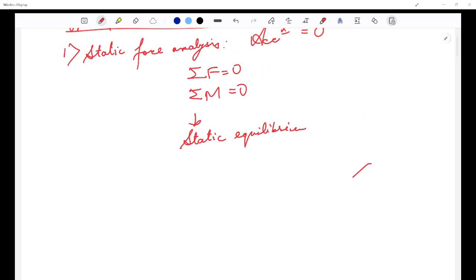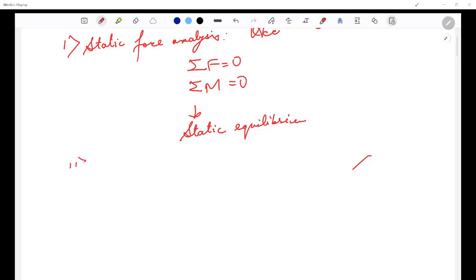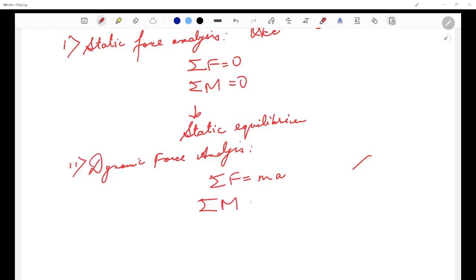Okay. The second type of force analysis is dynamic force analysis. Okay. So in dynamic force analysis, acceleration exists. Okay. And moment also exists.